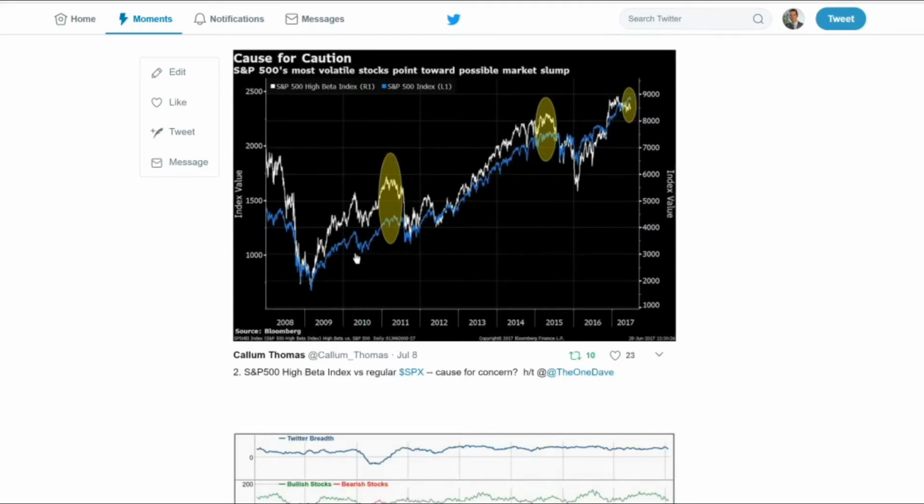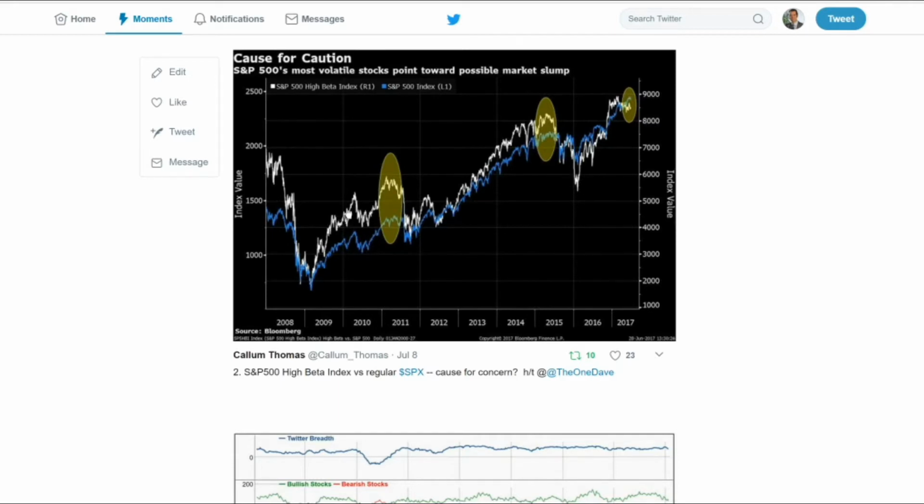So this is the S&P 500 in the blue, and the white line there is the S&P 500 high beta index. This is an index of stocks that are generally more volatile than the index itself. They tend to move higher when the market's going up and lower when the market's going down.